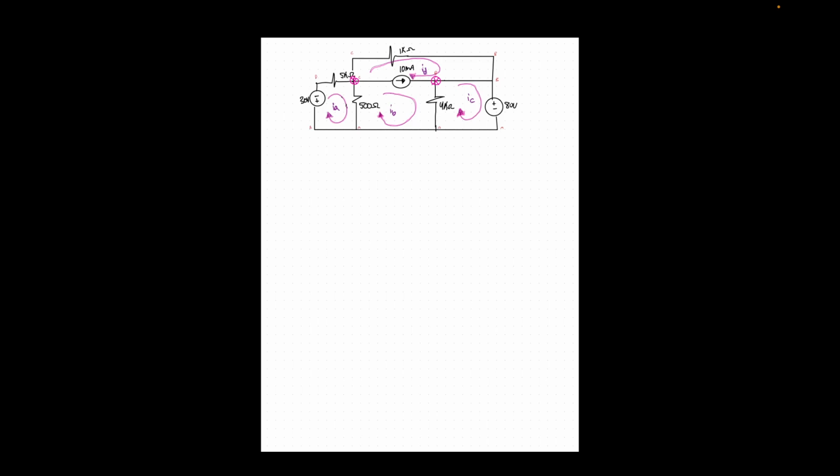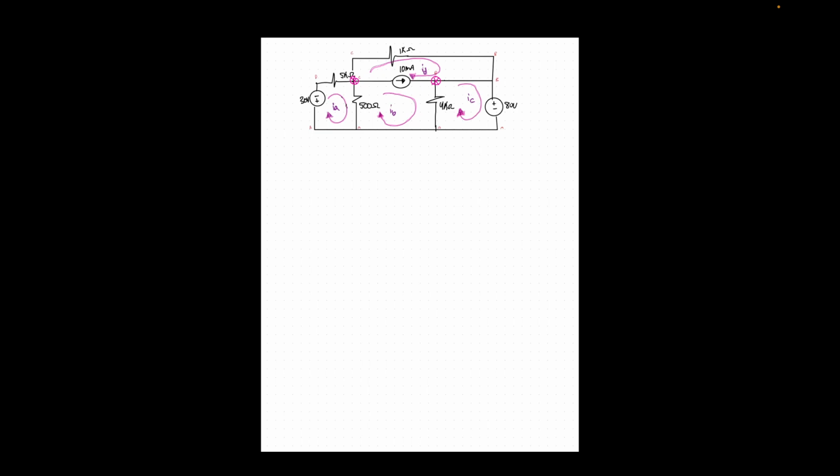So what I'm going to do is write a mesh for IA, write a mesh for IC, and combine a mesh for this supermesh. So I'm going to write a mesh equation in this loop that I've circled. When I do that, I'm going to cut out this source and write a constraint equation.